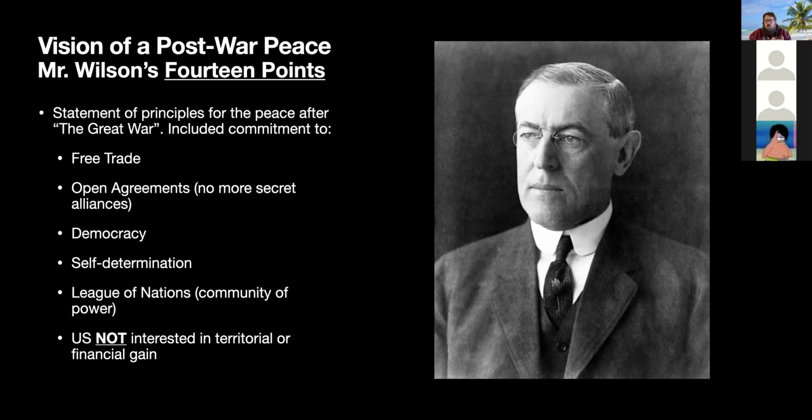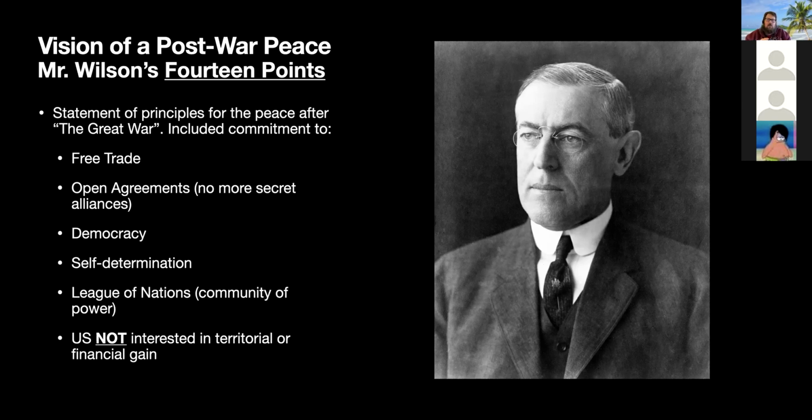Open agreements, no more secret alliances. That was one of the things that helped cause this war, was there were these alliances, and some of them nobody knew about except the 2 countries involved. So Wilson wanted to end those things. Democracy and self-determination, letting people, oh, and by the way, letting white people.